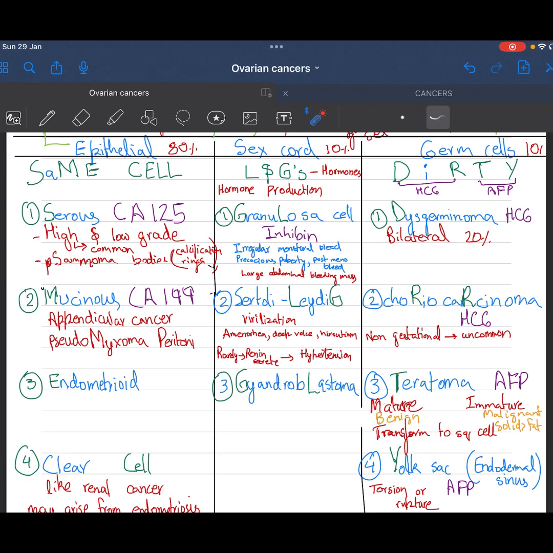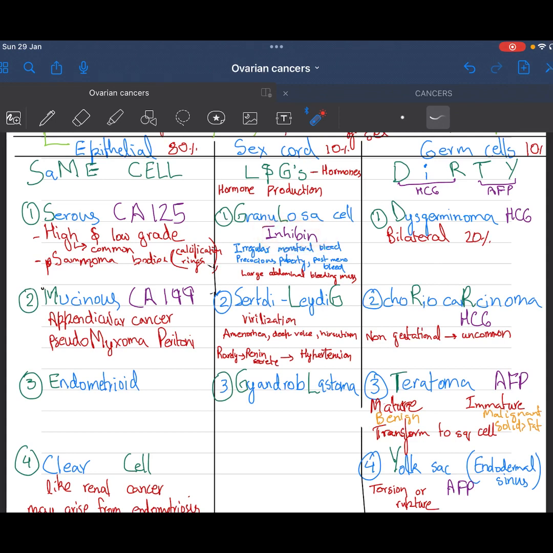Next is Sertoli-Leydig cell, which again has L and G in the name, and the symptoms are of virilization: amenorrhea, deep voice, and hirsutism. Rarely they secrete renin and can cause hypertension. Next is gonadoblastoma, which again has G and L in its name.